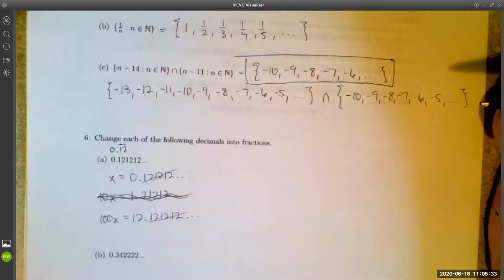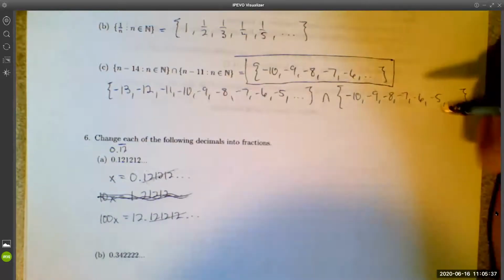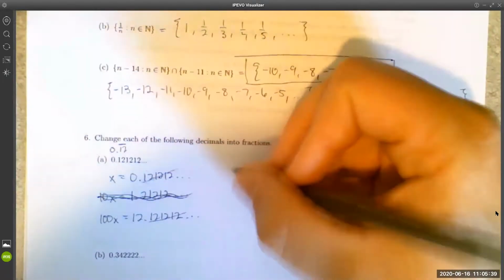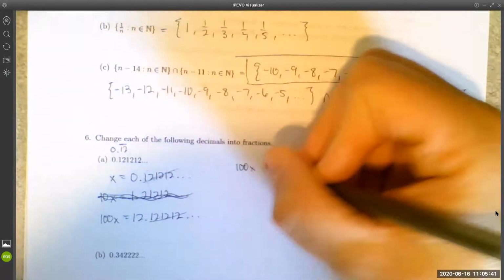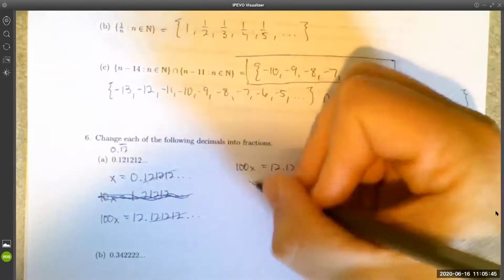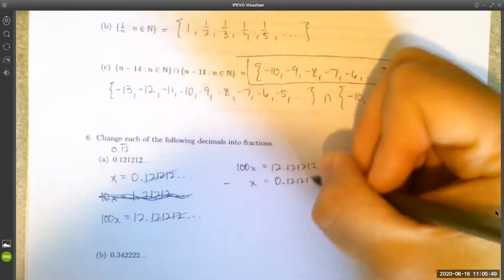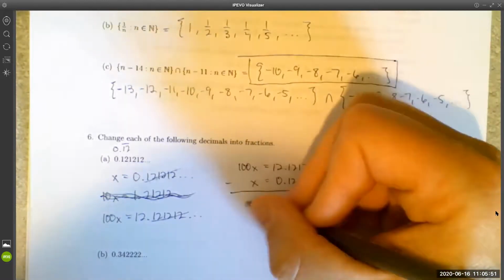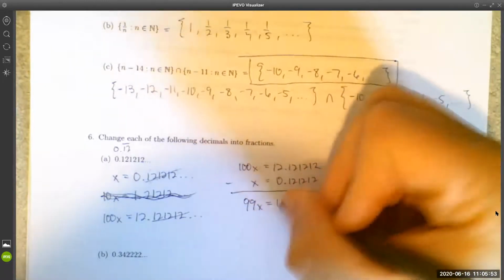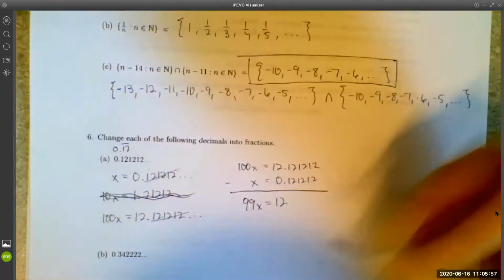I want to try to eliminate that repeating pattern. So if I subtract 100x equals 12.121212 minus x, which equals 0.121212, then I get 99x equals 12, right? And then I can just divide by 99.